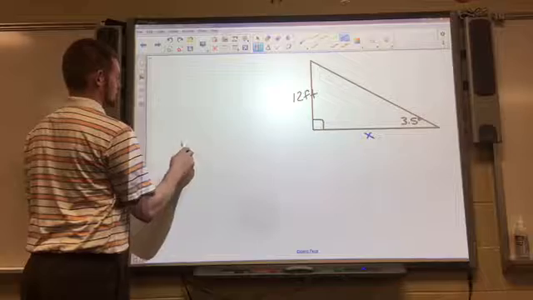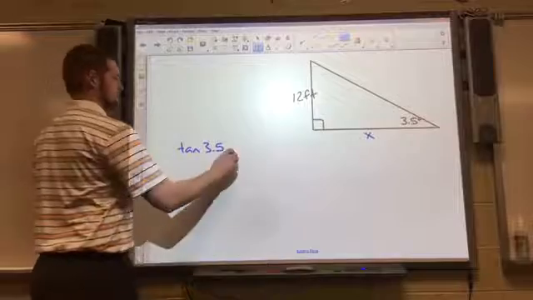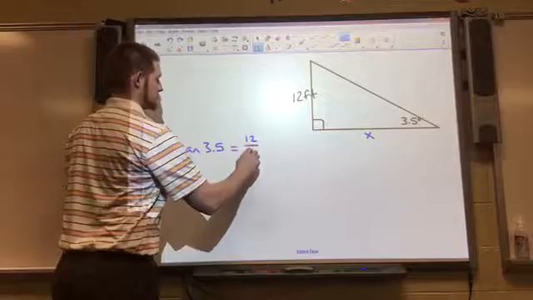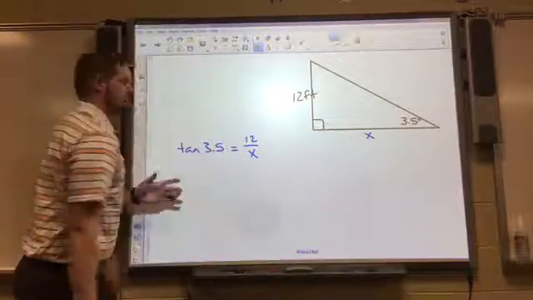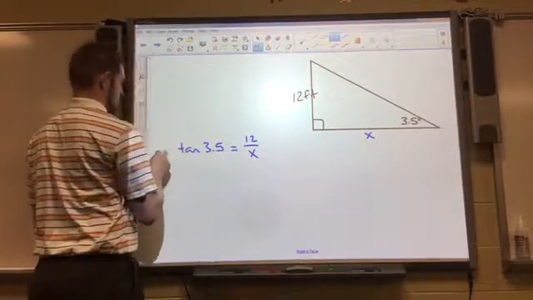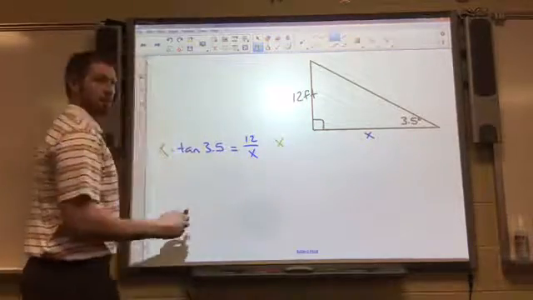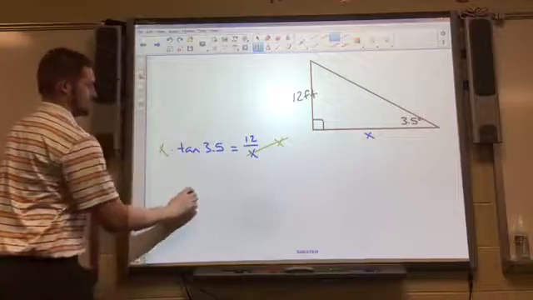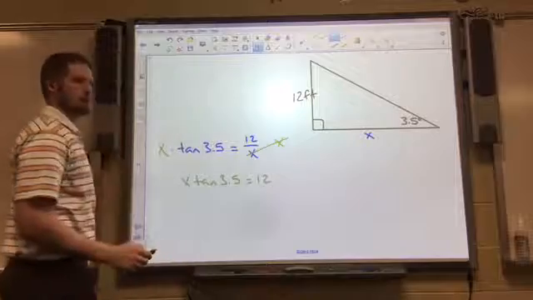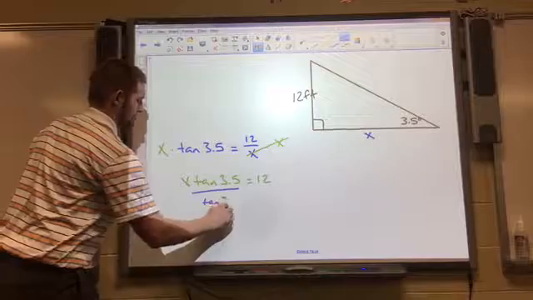So I know I'm going to use the tangent of 3.5 equals 12 over x. Now I'm pretty much in the same boat I was the last problem, right? So you multiply by x, right? Everybody agree with that? So I have x tangent of 3.5 equals 12, and then I divide by what? Divide by tangent of 3.5.